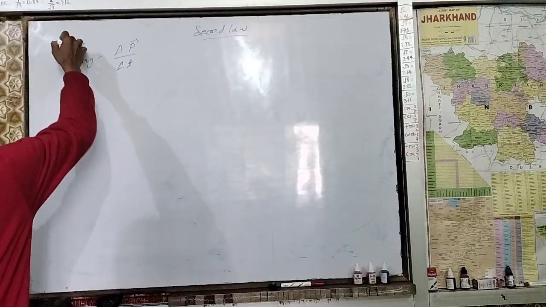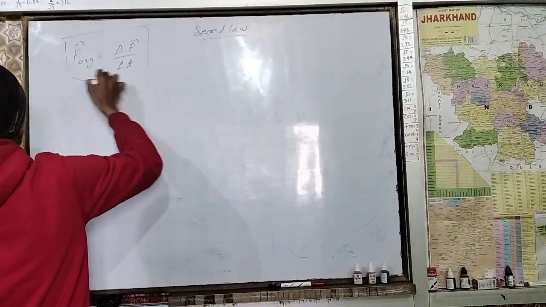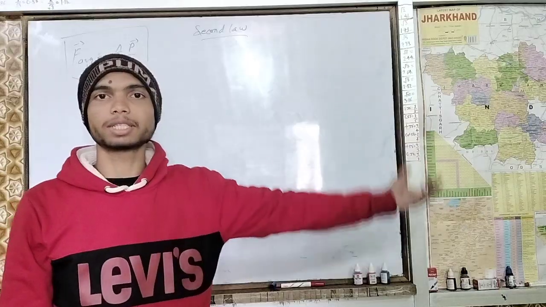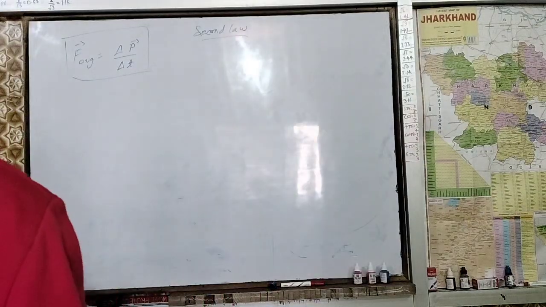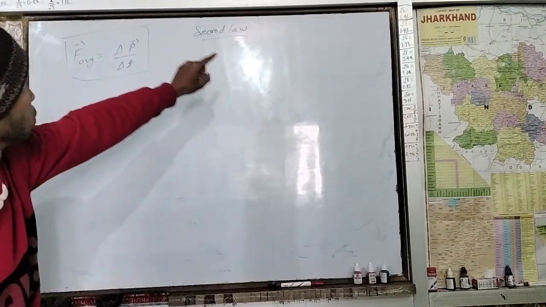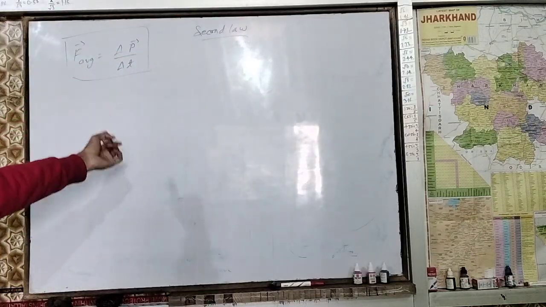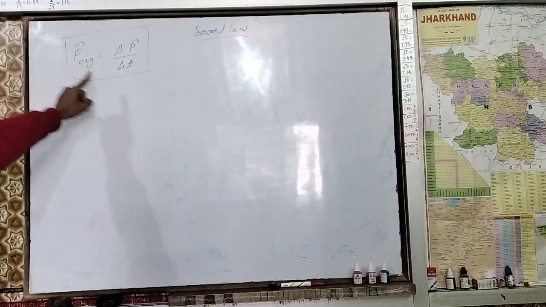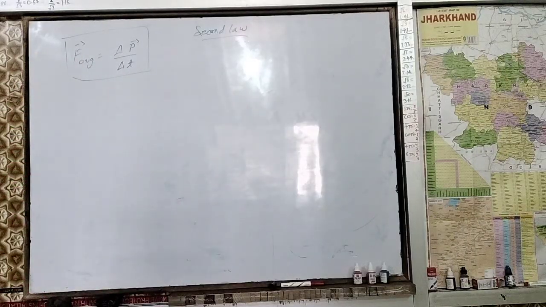This equation will give us the average force during the journey. Over here nothing is different from the previous, just delta is used for total. So total momentum change upon total time will provide average force.